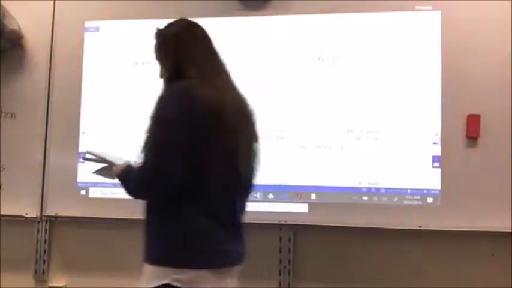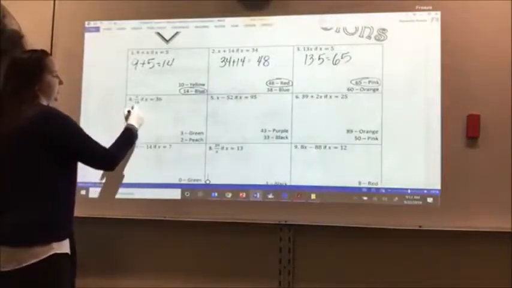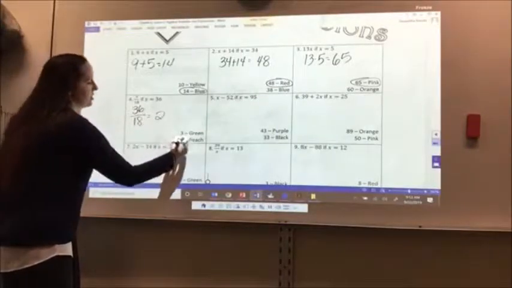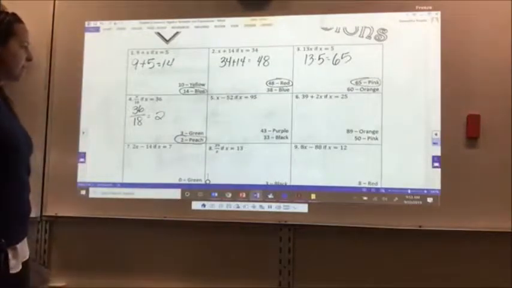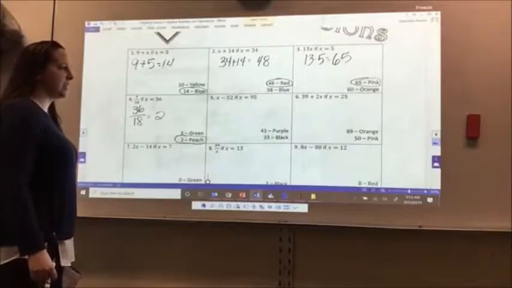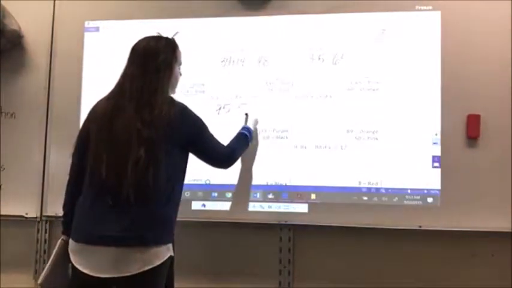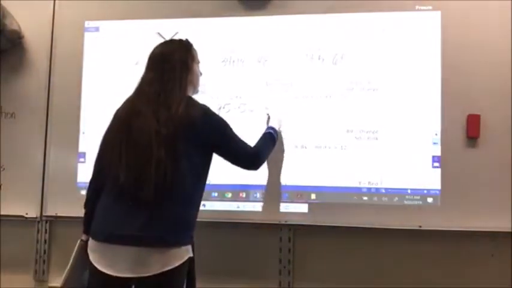For number 4, x divided by 18 if x equals 36. 36 divided by 18 equals 2. So I'm going to color anything with a 4 peach. Number 5, x minus 52 if x equals 95. So 95 minus 52 gives me 43, which is purple.